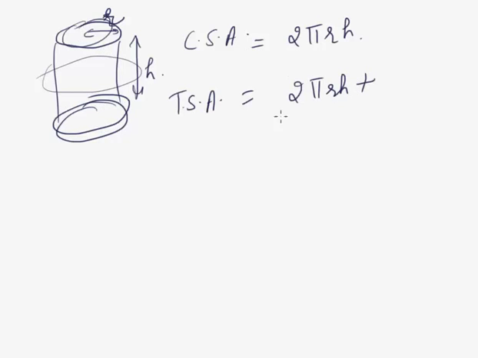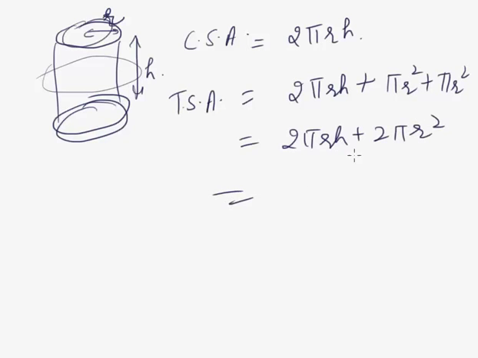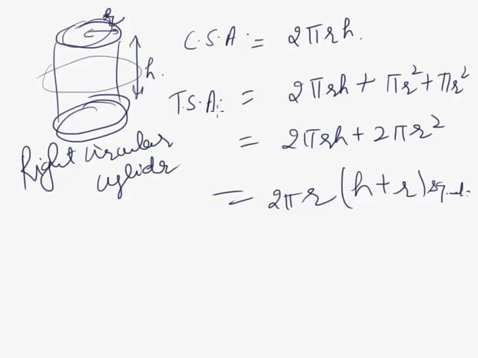So both the faces are circles, so it will be pi r square and pi r square, added 2 times, that is 2 pi RH plus 2 pi r square, or simply we can take r and 2 pi common and it will be 2 pi r (H plus r) square units. So for right circular cylinder, these are the two areas involved.